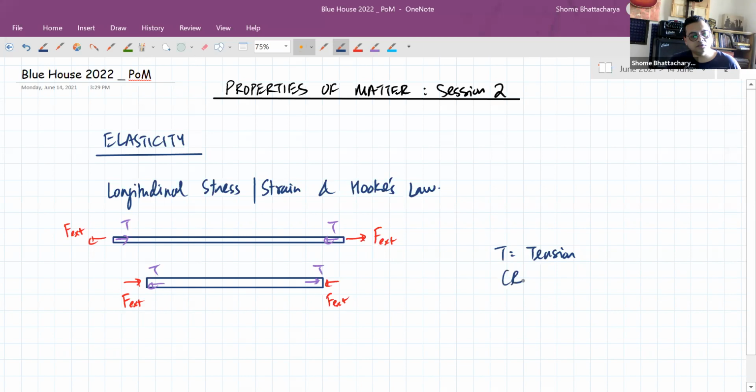So it is the restorative force due to the material's elasticity. That is the property of elasticity.